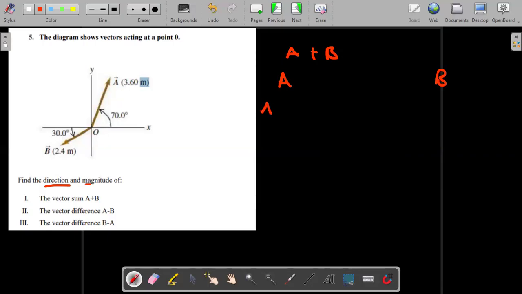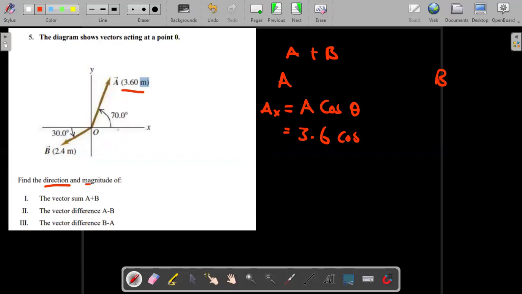So you have to find Ax, the x component, which is given by A cos theta. The magnitude of the vector A, as you can see in the question, is given as 3.6. Then cos theta, where theta is my angle.